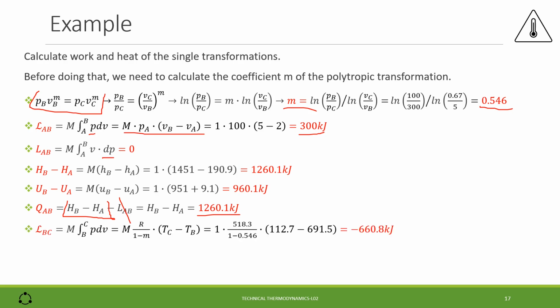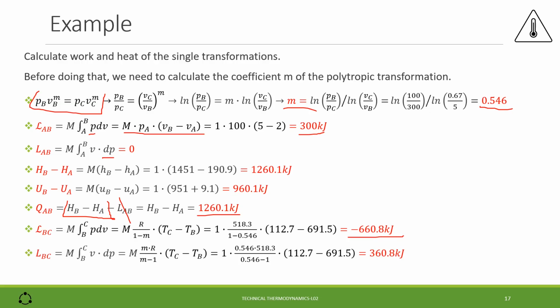The thermodynamic work between the states BC is given by the formula number 9 because it is a polytropic transformation, and replacing the values we find negative 660.8 kJ. The technical work of the same transformation we can find using the formula 10, and we obtain 360.8 kJ. Finally, we calculate the differential enthalpy of the states C and B as done for the similar points.